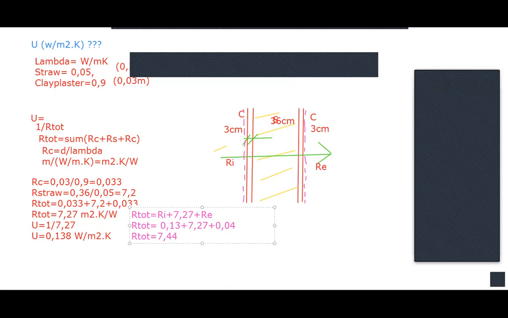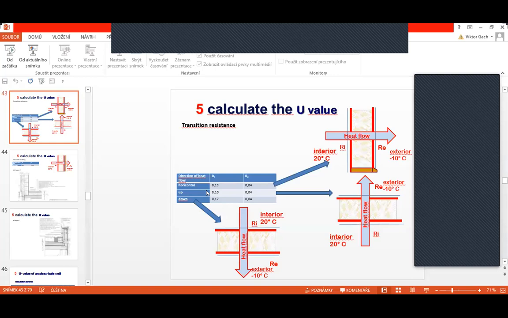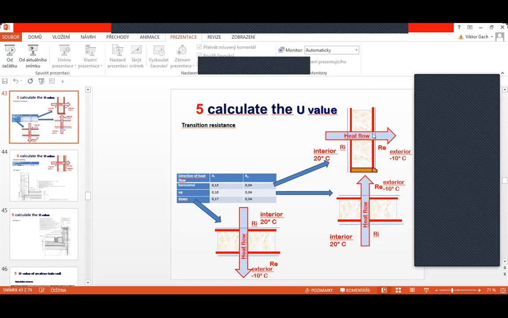Yes, in the case of a wall, and 0.04 is also used in the case of a roof, but 0.13, when I go back to the presentation, is only for a wall, where the heat flow is horizontal. Then you have a roof, where the heat flow is vertical up. So for this value up, it is 0.10.